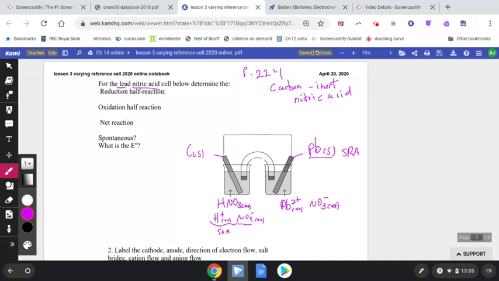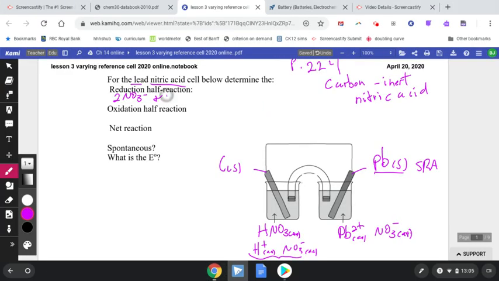Writing out their half reactions from the data book, we've got 2NO3- plus 4H+ plus 2 electrons gives us N2O4 gas and 2 water. Okay, and these are aqueous. So there's our strongest oxidizing agent.